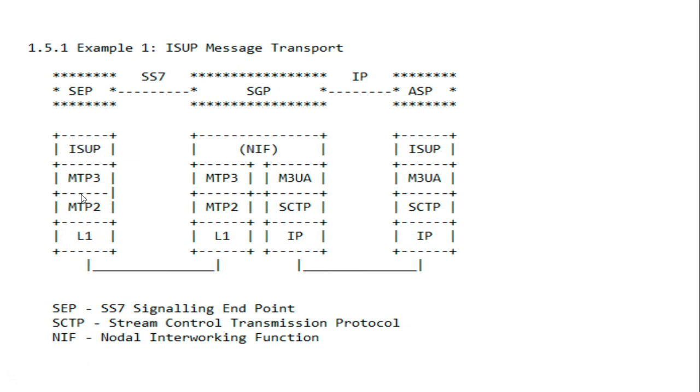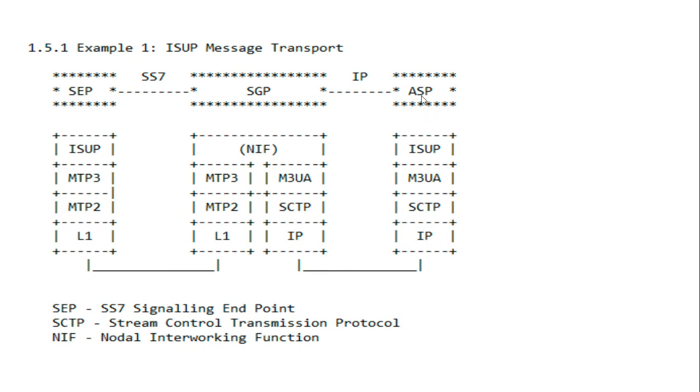Mostly in operator premises this protocol is used. So you have a signaling gateway and here is your application. You have developed your application, so the ASP is coming here. Here is your signaling endpoint, and here is your signaling gateway. So how does the ISUP message transport happen over SIGTRAN? This is what I am demonstrating here with a diagram.